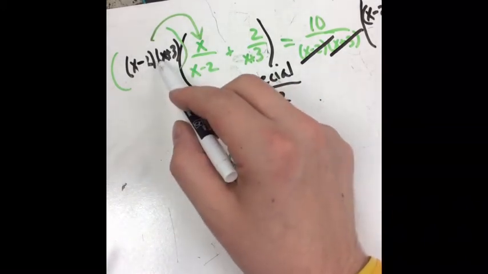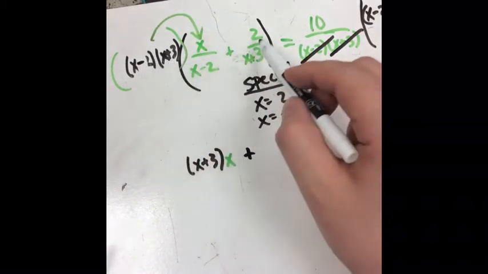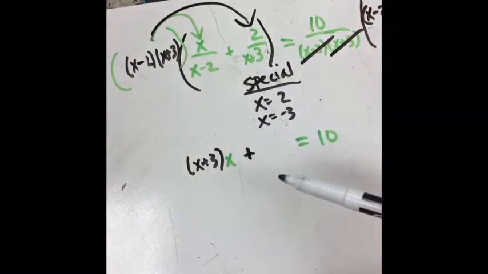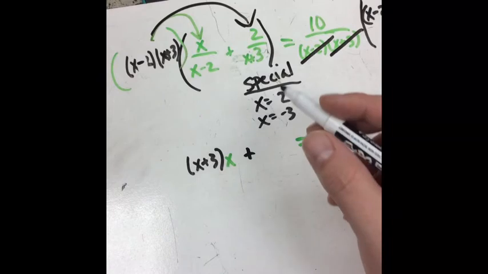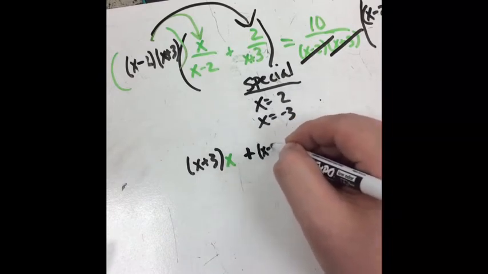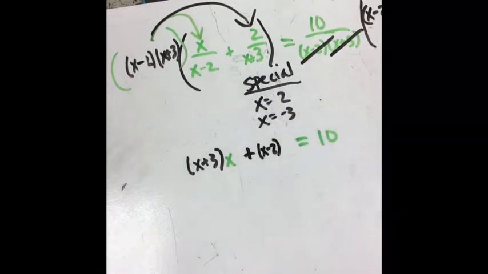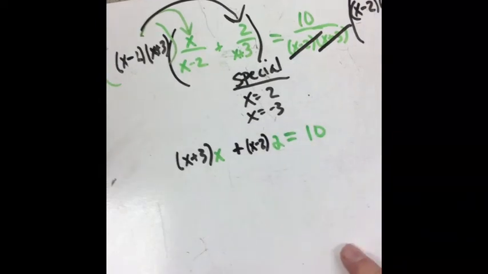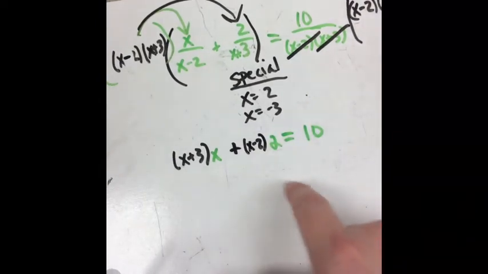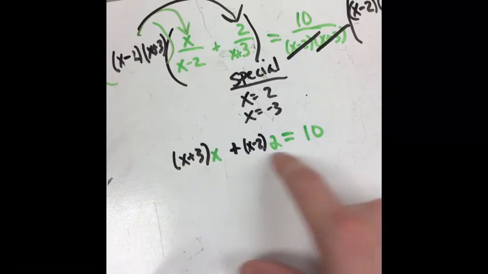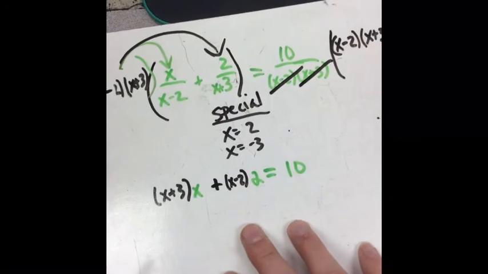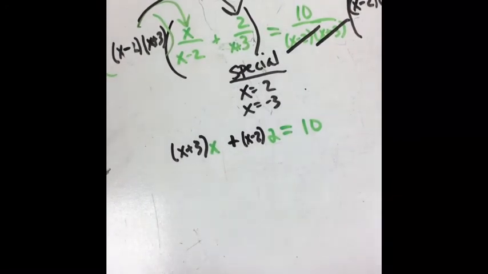And then we have to do the x minus 2 times x plus 3 to our other component over here. And the x plus 3's will cancel out. So what we're left with is x minus 2 times 2. We're now looking at no denominator, or denominators of 1, whichever way you want to think of it. And this is actually a lot easier to solve than what we were looking at previously. Now we just have simple multiplications that we have to complete.